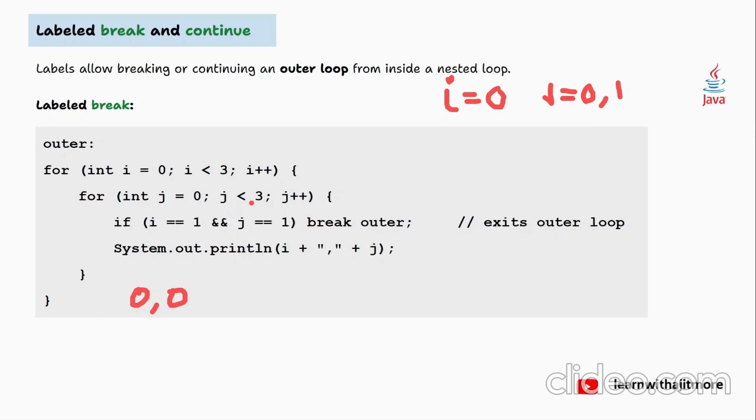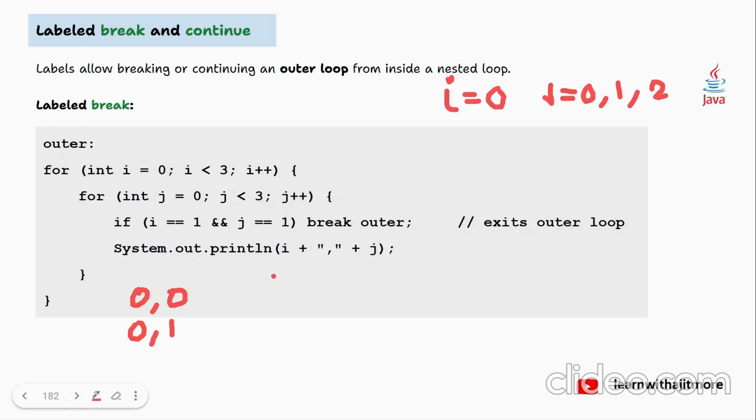Is 1 less than 3? Yes, come inside. But this condition is not true. Are both 1? No. Therefore print. What will it print? 0, comma 1. And then J plus plus, J becomes 2. Again, is 2 less than 3? Yes, come inside.